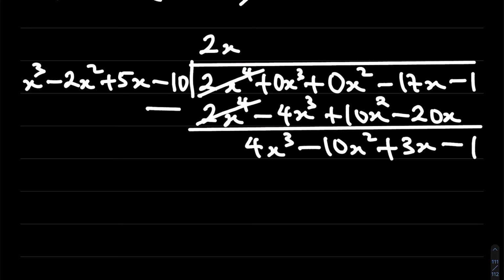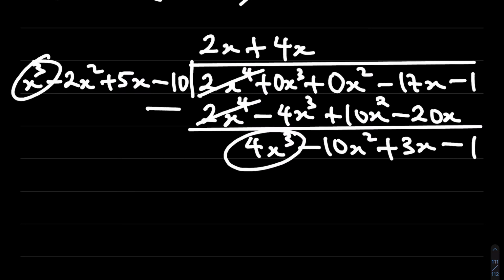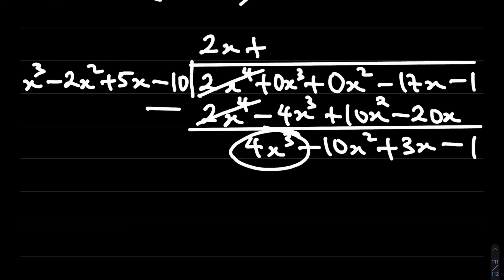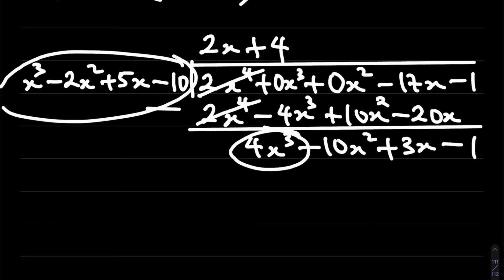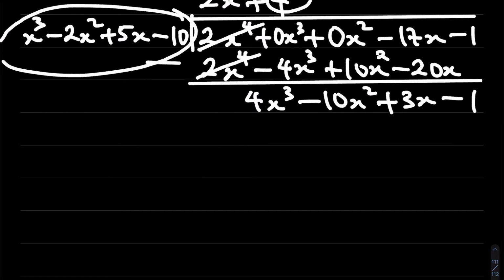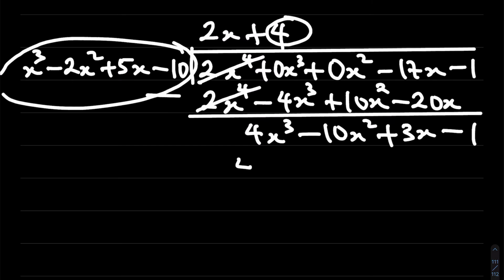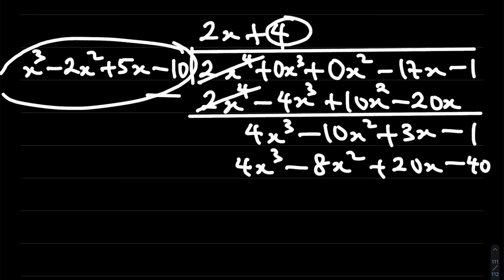Now you go again. 4x cubed divided by x cubed is 4. Now we multiply the whole of this divisor by that 4, and that gives us 4x cubed minus 8x squared plus 20x minus 40.